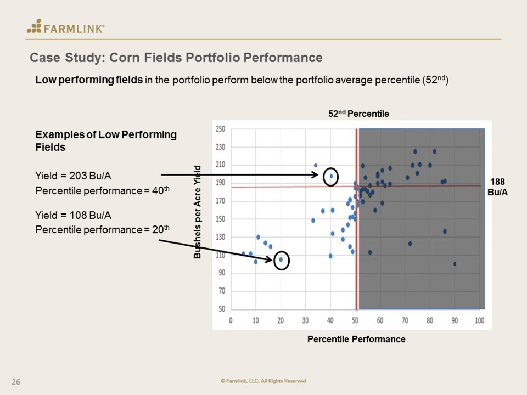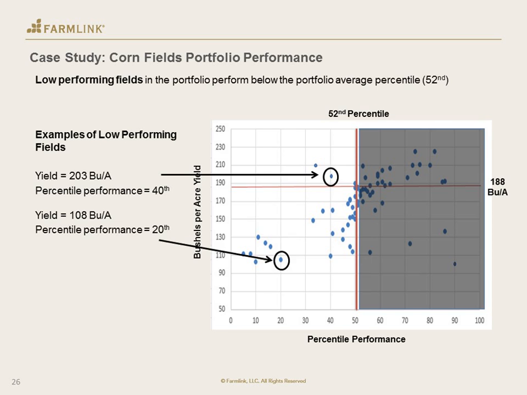First, let's focus on the fields that fall to the left of the red vertical line. These are fields that perform below the portfolio average percentile performance, which in this case is the 52nd percentile. The fields on the left side of the scattergram are fields that offer high improvement potential.